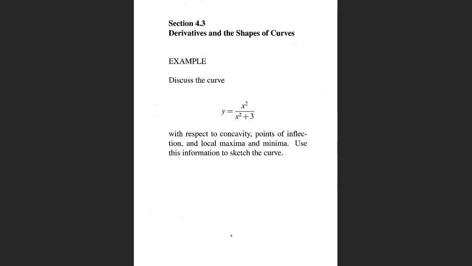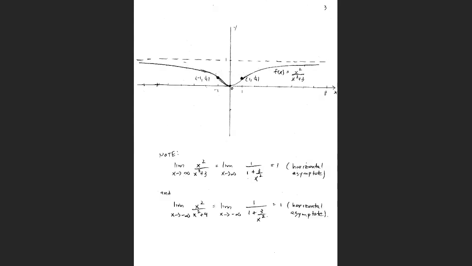So on the previous example, we're continuing on. We're going to look at another example from section 4.3. But I had a question here about the rational function that we just used calculus to help us graph.